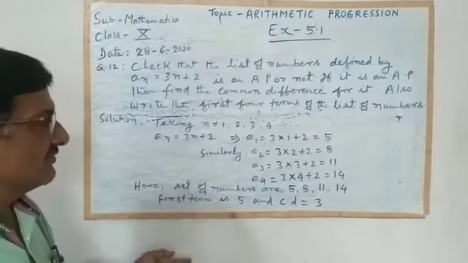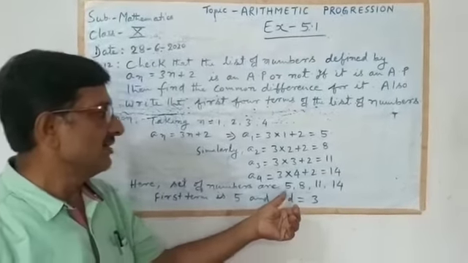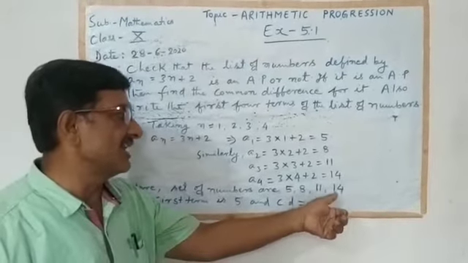So the given set of numbers we are obtaining here is 5, 8, 11, 14.